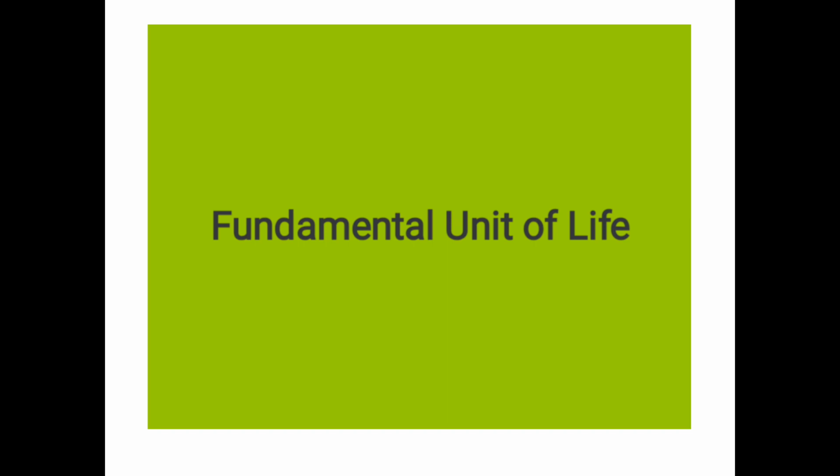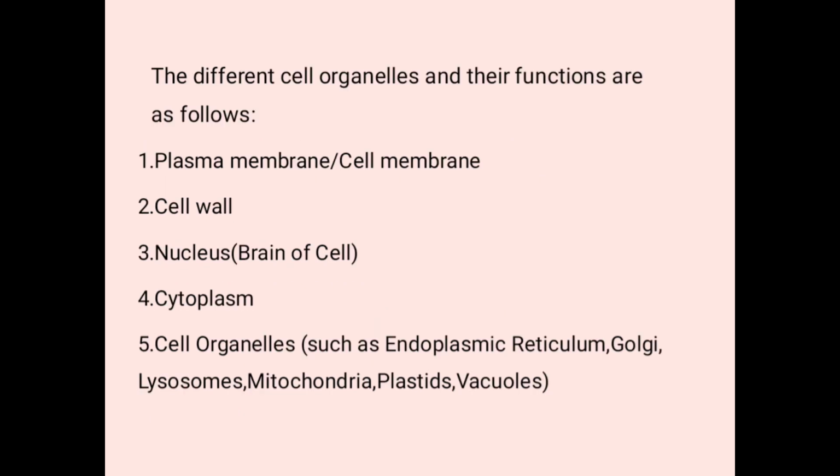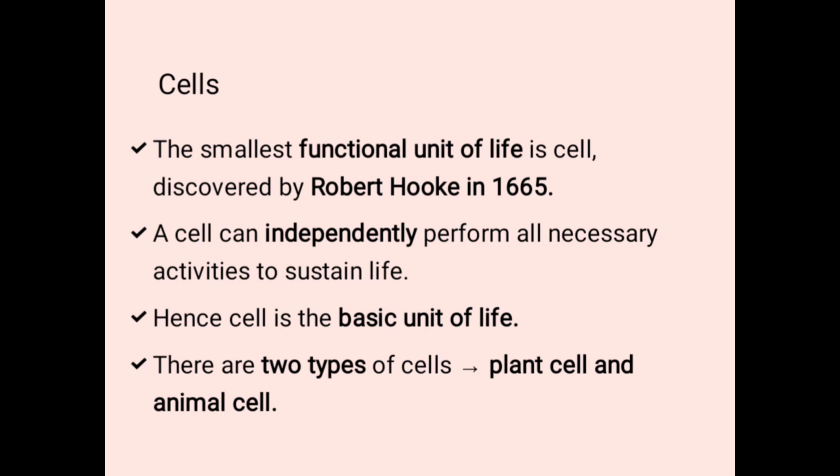Let's go. What they have given in this chapter, we will see. First one is cells. It is said to be the smallest functional unit of life. It was discovered by the English botanist Robert Hooke. A cell can independently perform all necessary activities to sustain life.